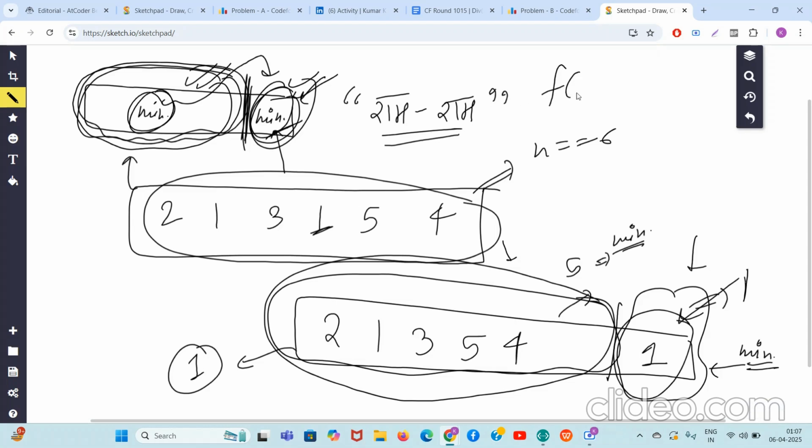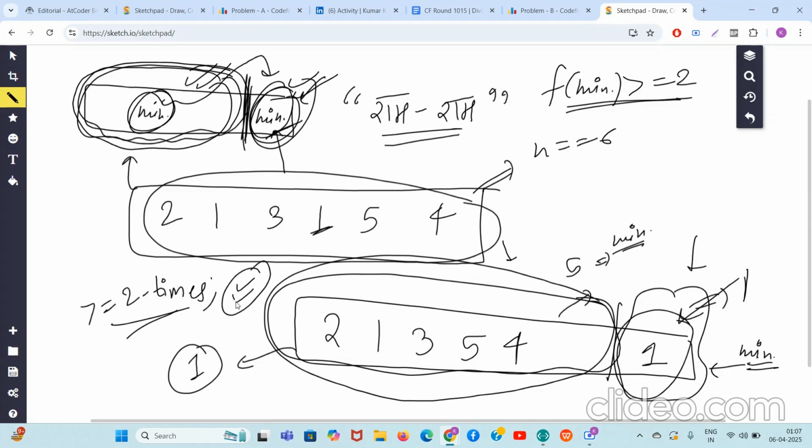It means the frequency of the minimum number should be greater than or equal to 2. The minimum number in the array should come for greater than or equal to 2 times. Then you can solve this problem, guys.